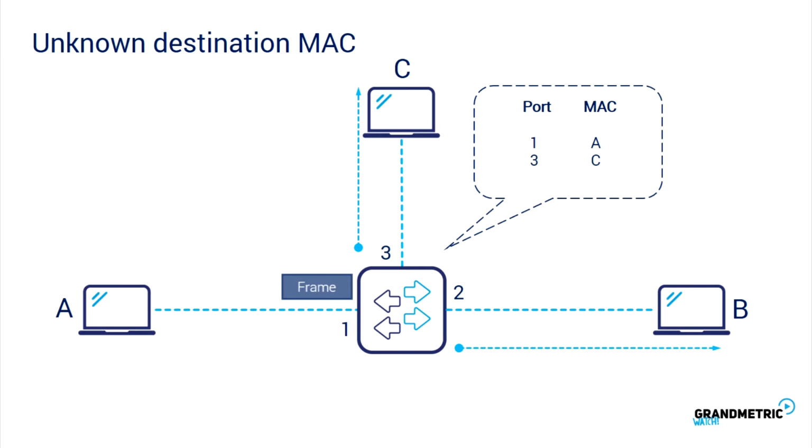All the devices that the frame was not intended for drop the frame, and only device B will interpret it. After device B sends frames back to device A, the switch will learn device B's MAC and store it in the table, and will forward the frame directly to device A without having to multiply, because it has the MAC and port already.